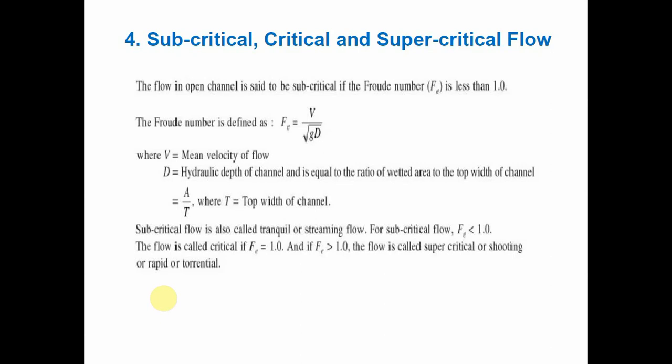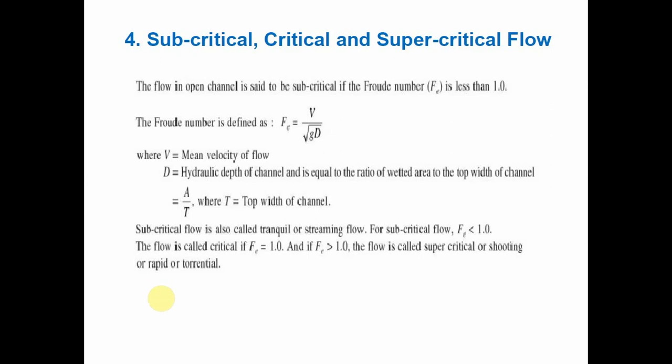Since gravitational force is the predominant force in the case of channel flows, when Froude's number F is less than 1, the flow is subcritical.